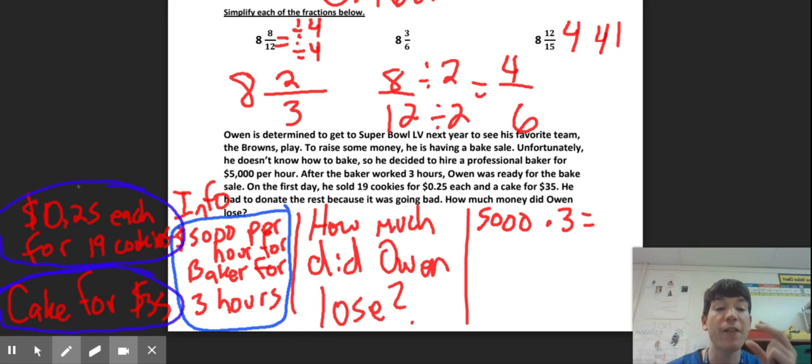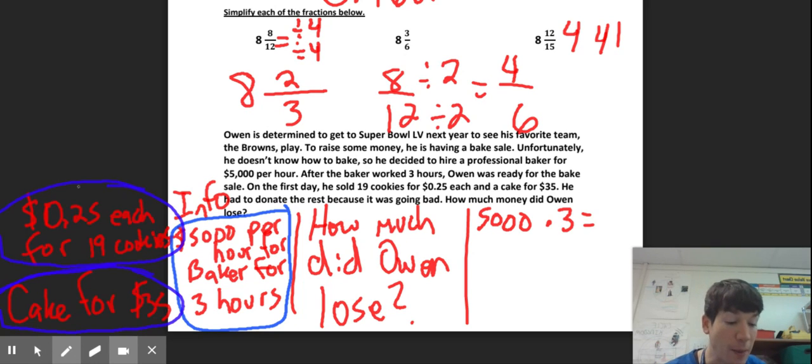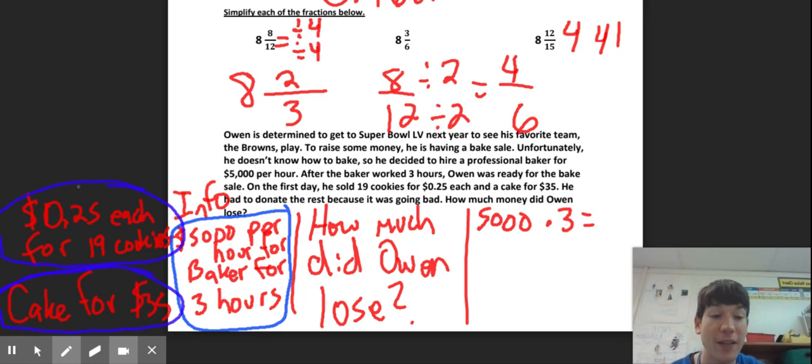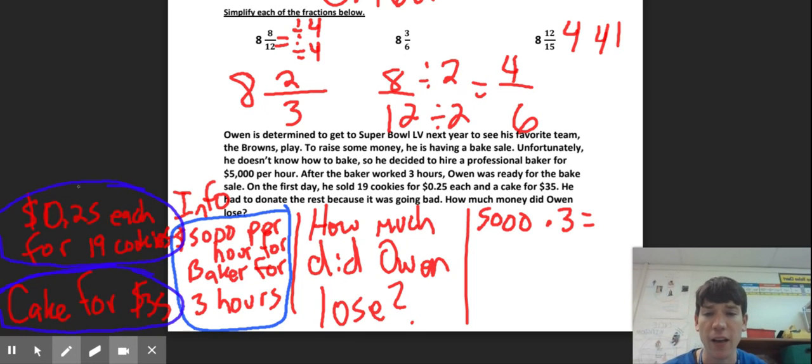If I can find the total of what he made, I can subtract that from what he spent, and that's going to tell me how much money he ultimately lost in total. So I'm going to let you guys figure out the rest of that one, which I think you can do, and see how much he lost in total. Good luck on that, and I'll see you guys in class.